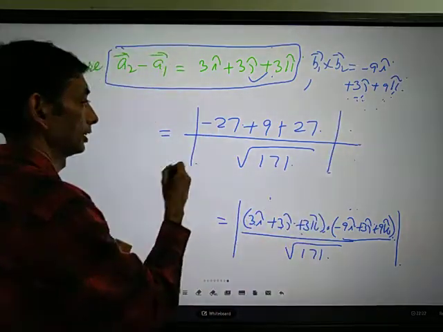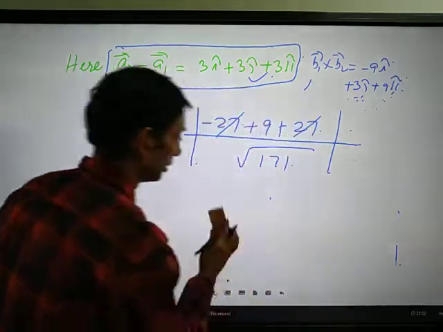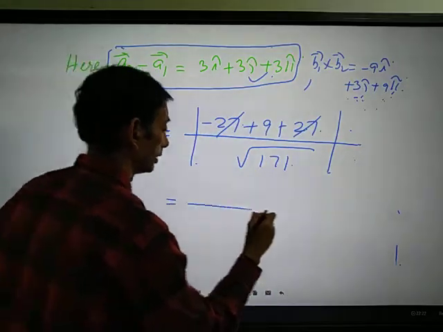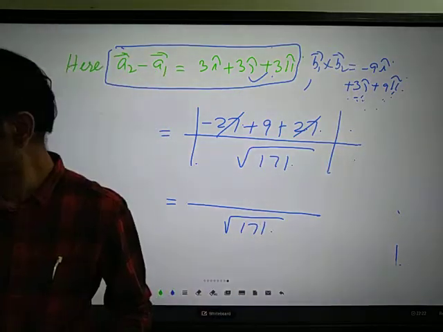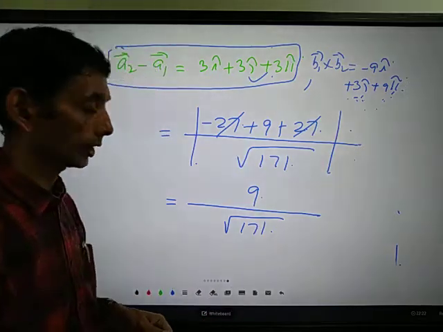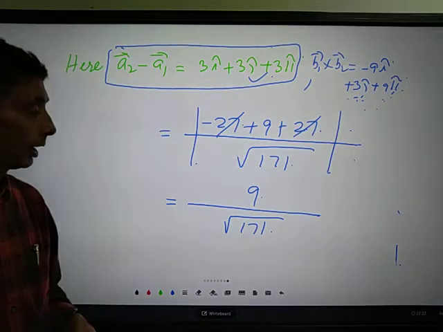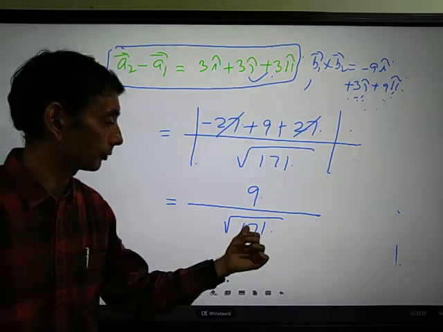So you can cancel this, and finally we have 9 over the square root of 171.